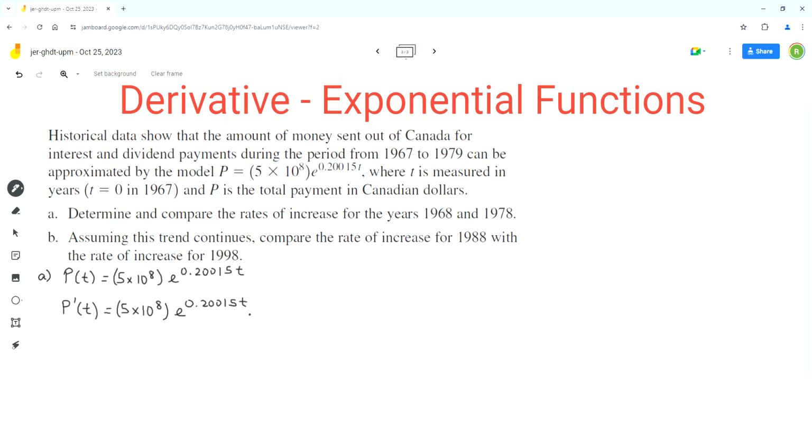The derivative of this exponent will be 0.20015 times 1, because 0.20015 is the coefficient of the exponent, so it will stay as it is, and the derivative of t is equal to 1. Now we can simplify this expression. 0.20015 times 1 is just 0.20015, and we can multiply it by 5 times 10 to the power 8.